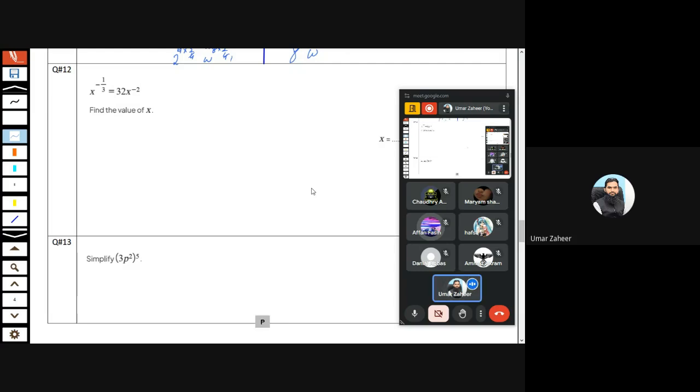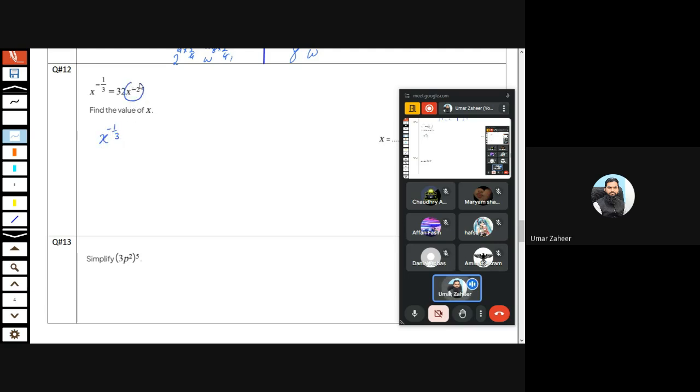All right, in question number 12, we have to find the value of x. Obviously in this one, we have to make x as a subject first. For making x as a subject, we will take all the x terms on the one side of the equation. x to the power minus 1 by 3 as it is.